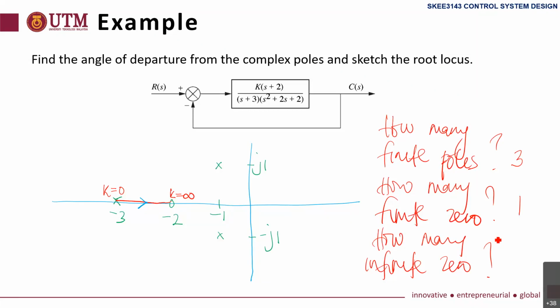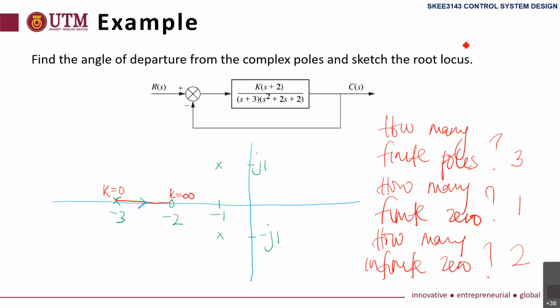There must be another 2 zeros so that our root locus is complete. All poles must end at zeros. So how many infinite zeros? Two. Therefore, there are 2 infinite zeros.